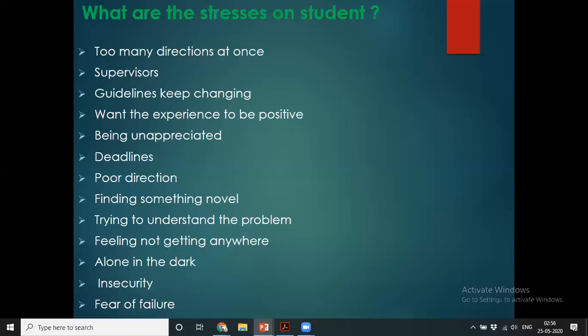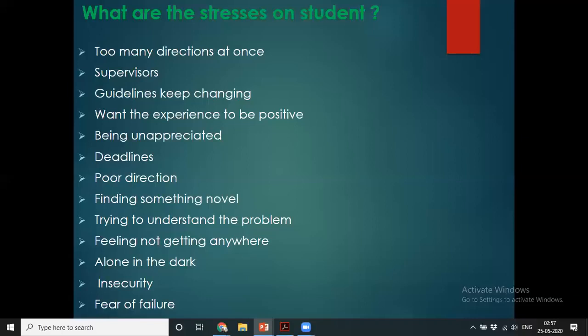Then poor direction. If you are not going on the right path, in that case also you'll have to face a lot of problems and you'll not get adequate results. So proper direction is required. If you move in a poor direction, in that case also the student will be stressed. Then finding something novel.